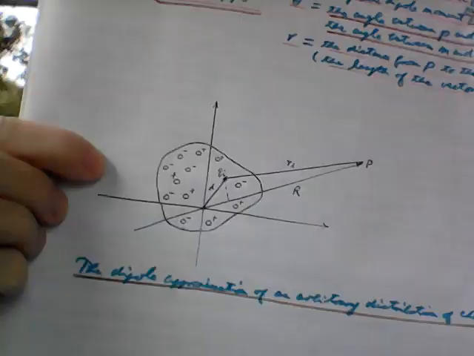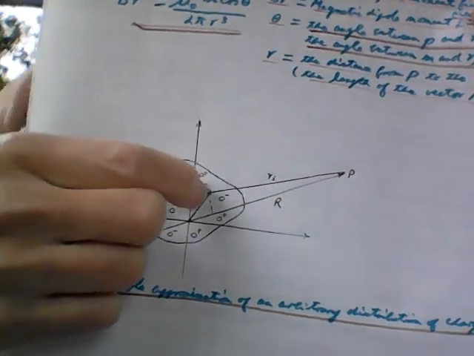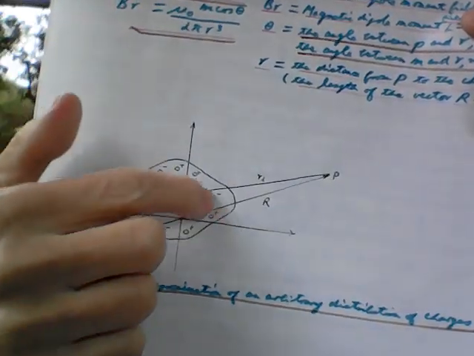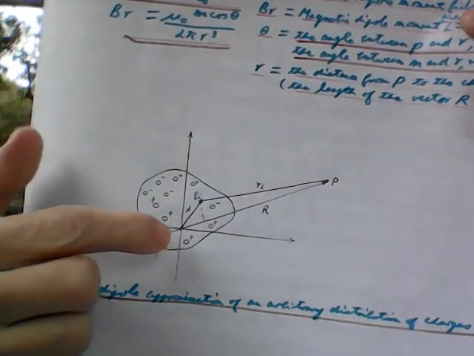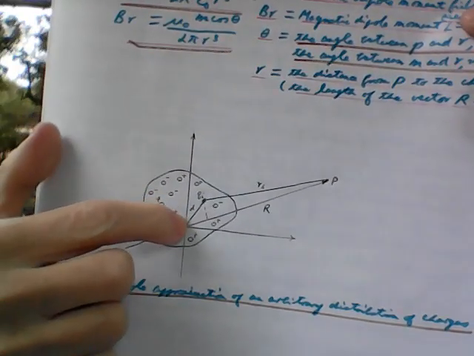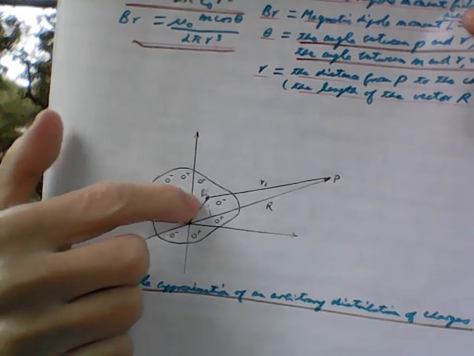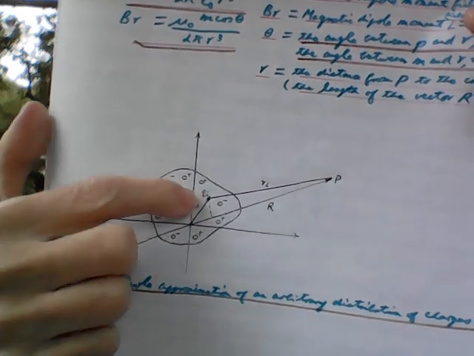Refer to the diagram again. We have Ri, this from here, Qi to P. R is from the origin to point P. D is the distance from origin to Qi, the charge Qi.